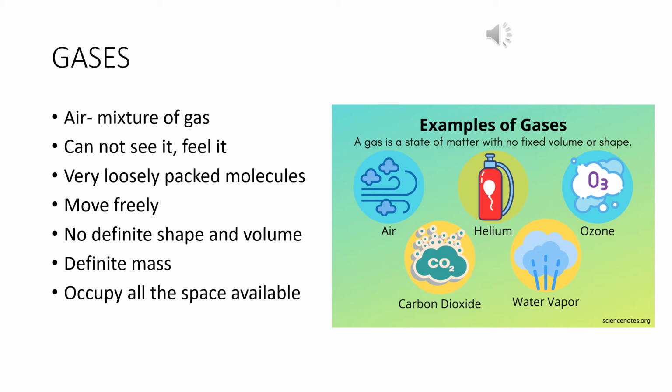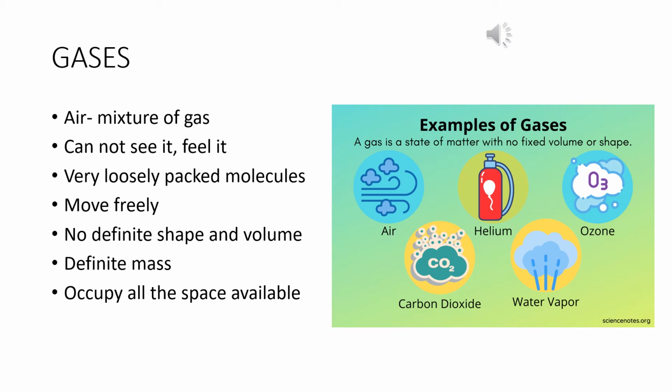If we closely look at the molecular arrangement of gases, we will see that they are very loosely packed, even more loosely packed than the water or liquid molecules. They have a lot of space in between them, and they can move very easily in the container in which they are present.